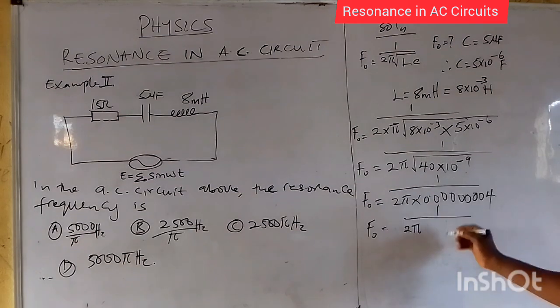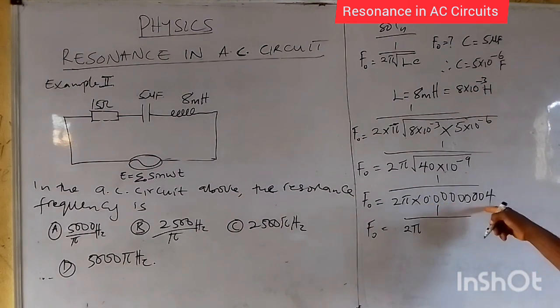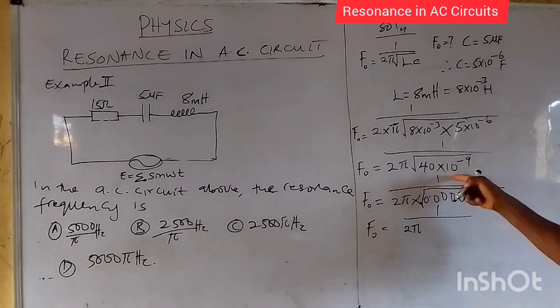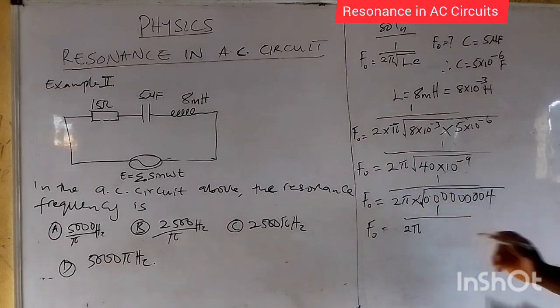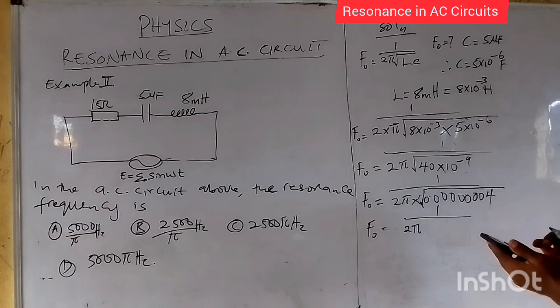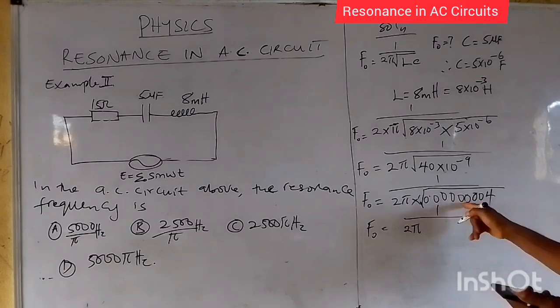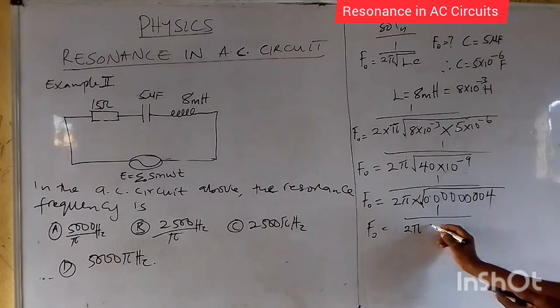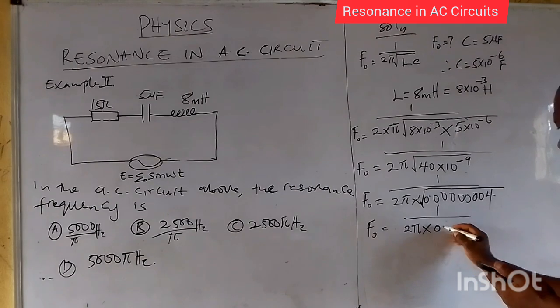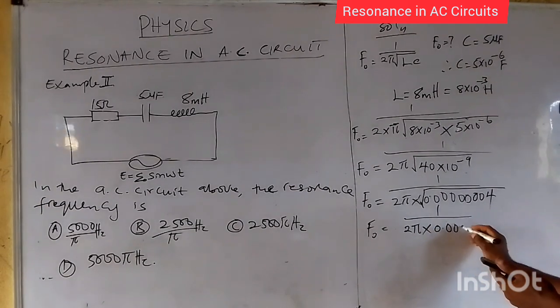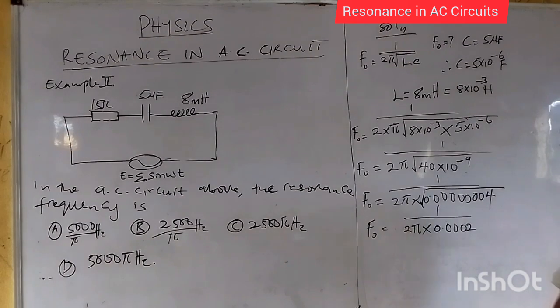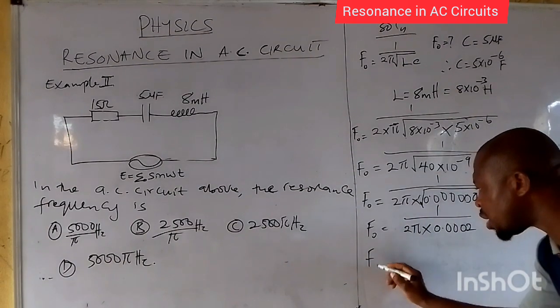And then we take the inverse, because we're not taking the square roots. If you take the square root of 0.00000004, we get 0.0002. Now, which will now give us F naught.